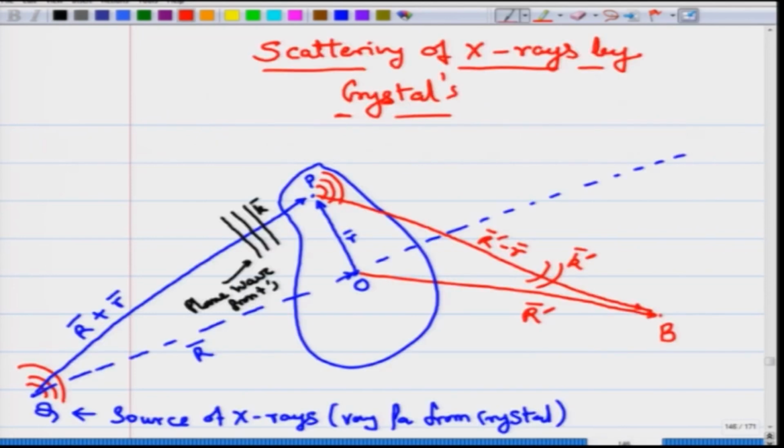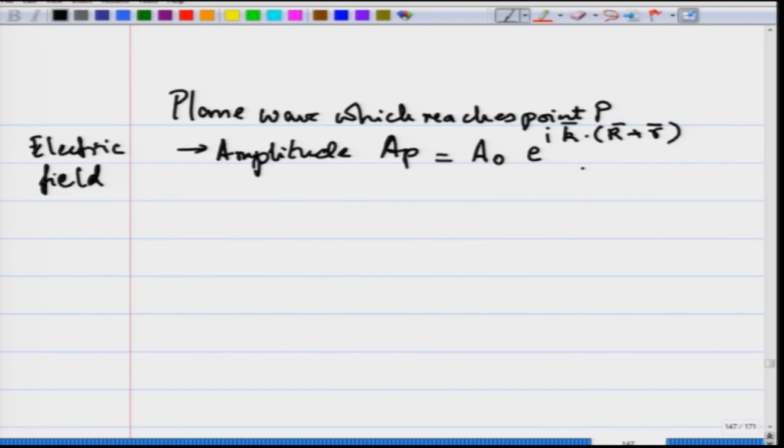If you recall the figure, these are the plane waves, k is the wave vector and R plus r is the location of this point P. So, the plane wave which reaches at this point is located at R plus r and it has an amplitude A_P, where A0 is the amplitude roughly at the source.